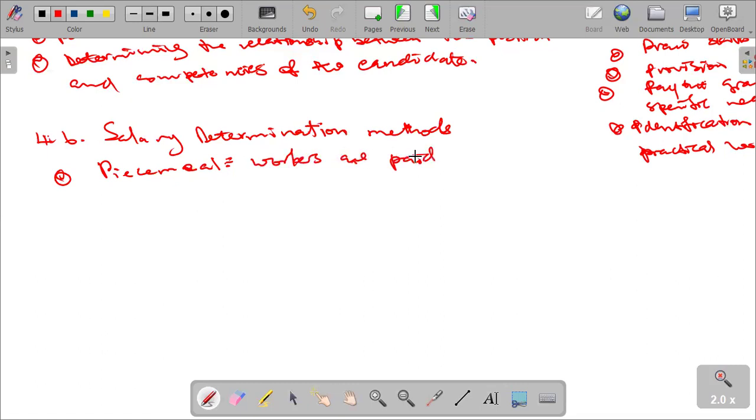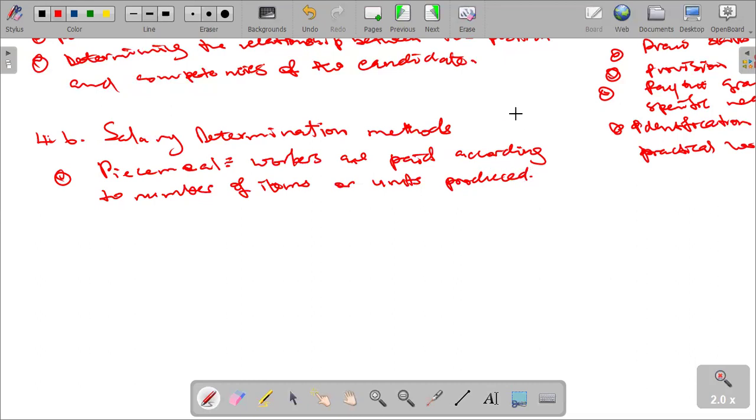If an action is performed, that is piecemeal. And then workers are not remunerated for the number of hours worked.